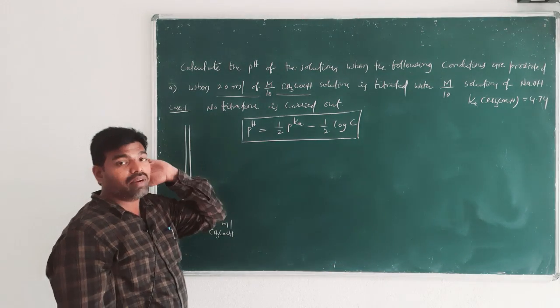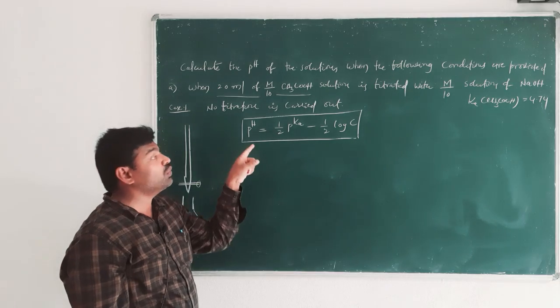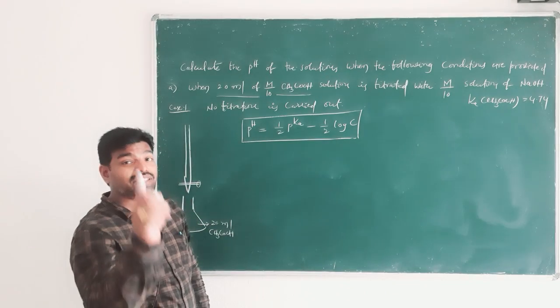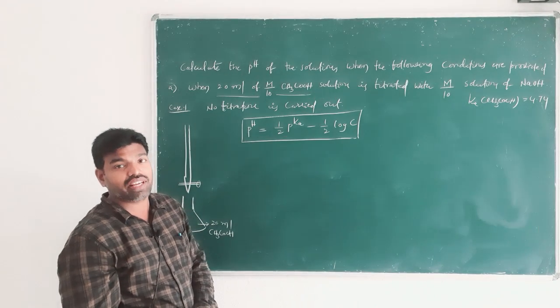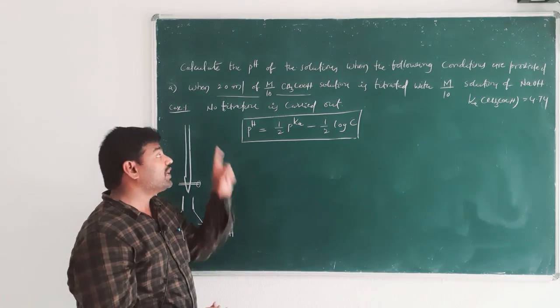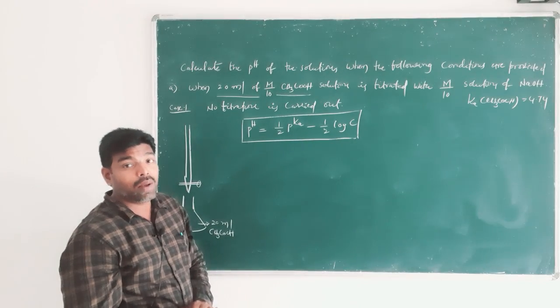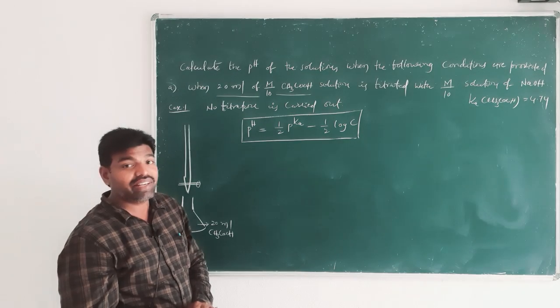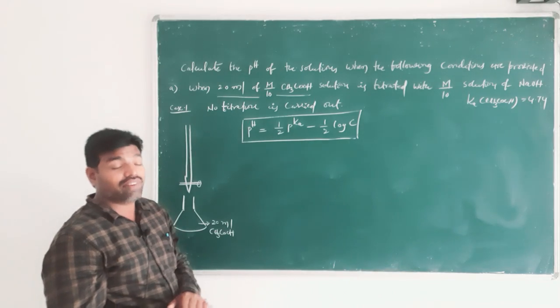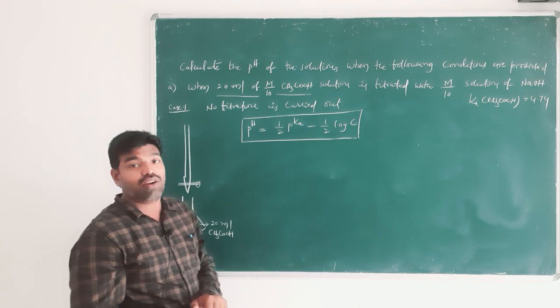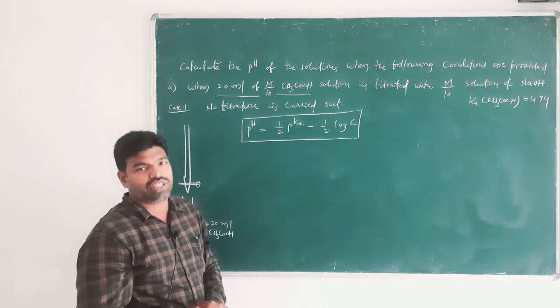Usually the formula for calculating the pH is the negative logarithm of the concentration of H+ ions, that is for strong acids. But weak acids undergo partial, incomplete ionization, so for weak acids we have to consider the degree of dissociation.